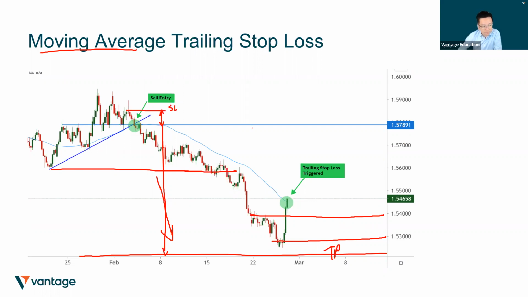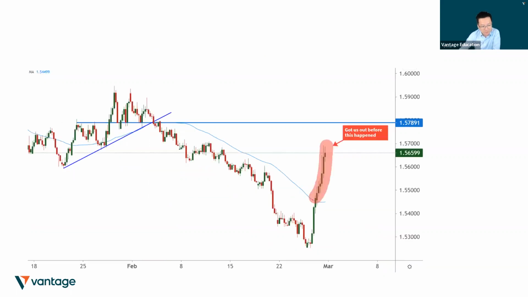So moving the stop loss towards that moving average helps you secure that against a potential big reversal towards the upside. And this is what happened. It broke up and it reversed all the way back up. You would have missed out on all of it if you didn't close out at that moving average level.